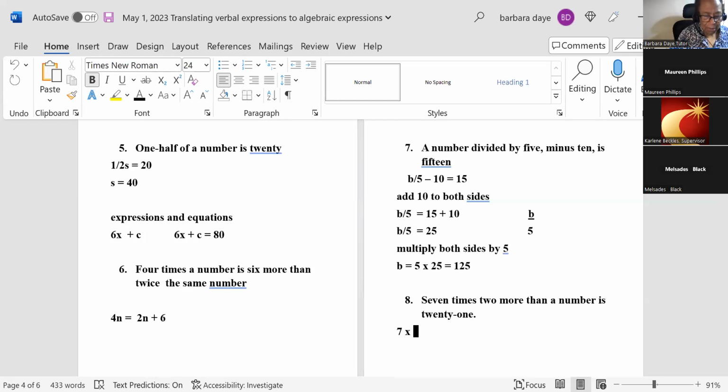So what should I write? 2 more than a number. How would I write 2 more than a number? That's an addition.